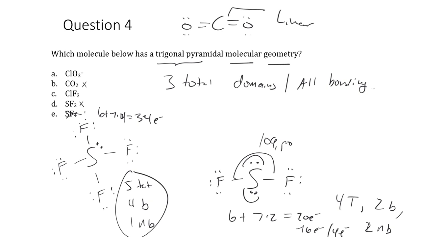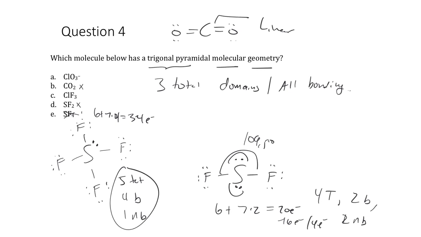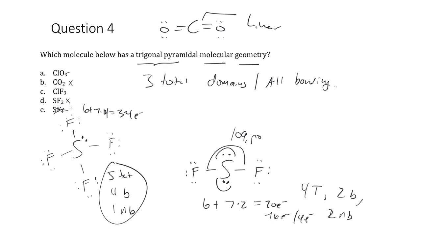So our choices come down to ClF3 and ClO3 minus. Let's do ClF3 first. 7 times 4, that's 28 valence electrons. So central chlorine, 3 fluorines attached, lone pairs on the fluorines.